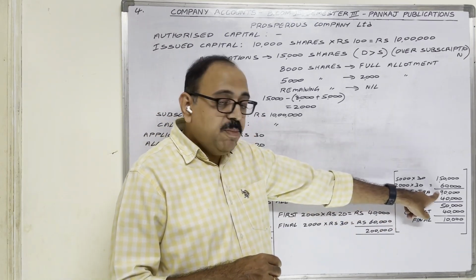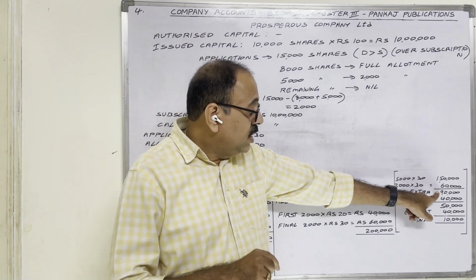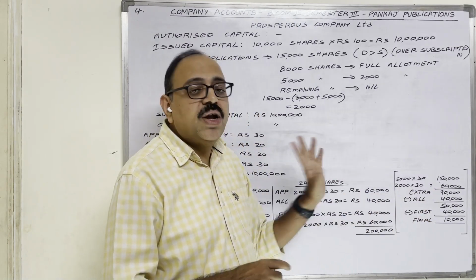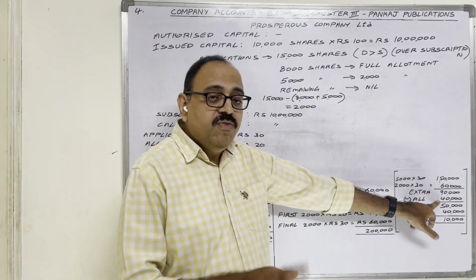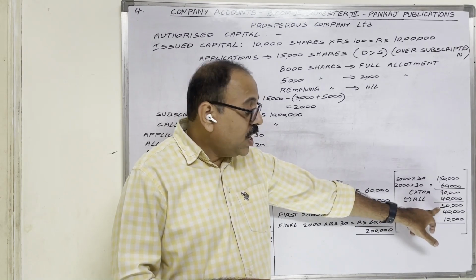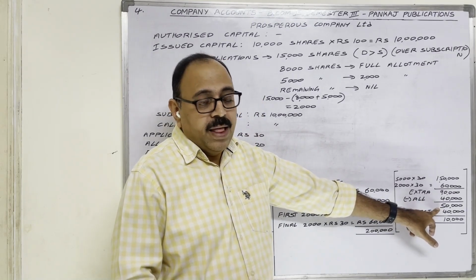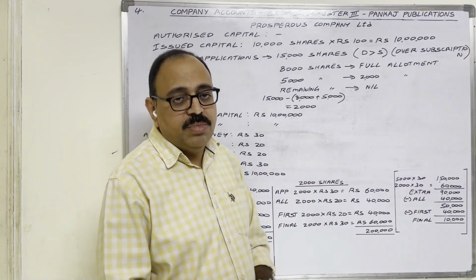Through application they paid 90,000 extra, no? From this 90,000 rupees, company adjusted this 40,000. So from 90,000 for allotment, 40,000 if you subtract, then remaining extra amount is 50,000. This 50,000 is utilized for further installments.